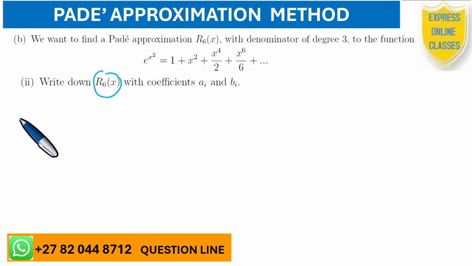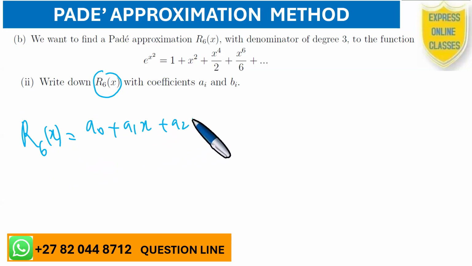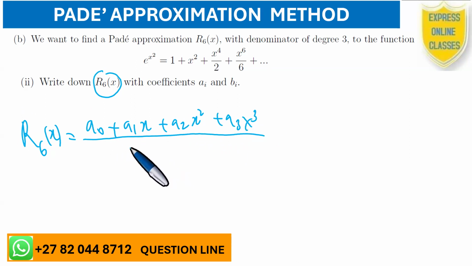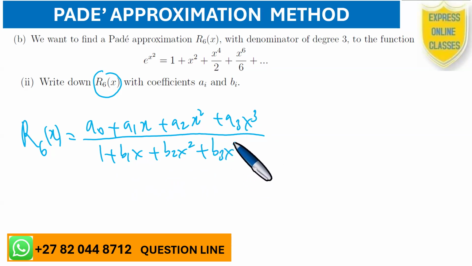Which means R6 of x is exactly a0 plus a1x plus a2x squared plus a3x cubed, all divided by 1 plus b1x plus b2x squared plus b3x cubed.